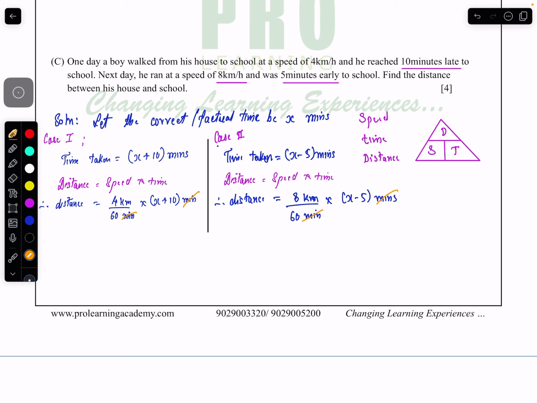So we will equate case 1 and case 2, since the distance in both cases is the same.